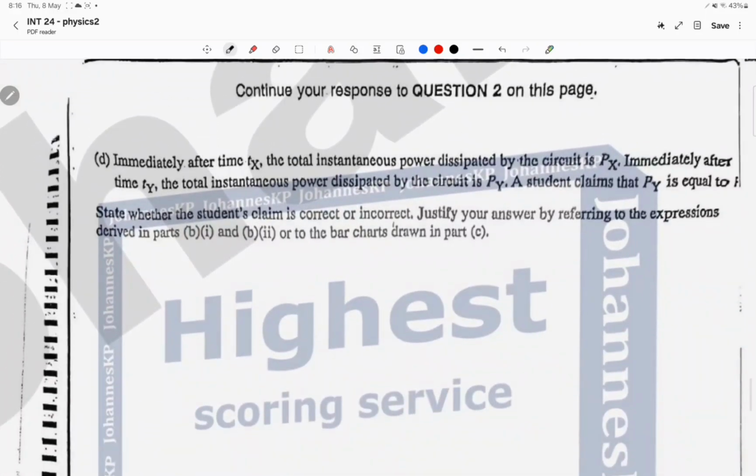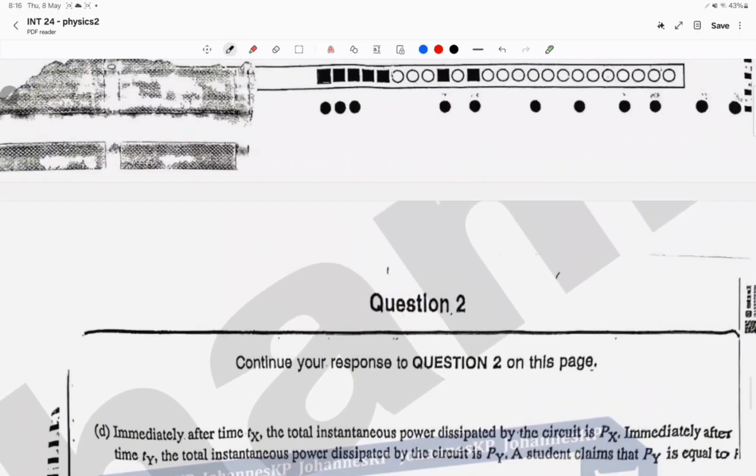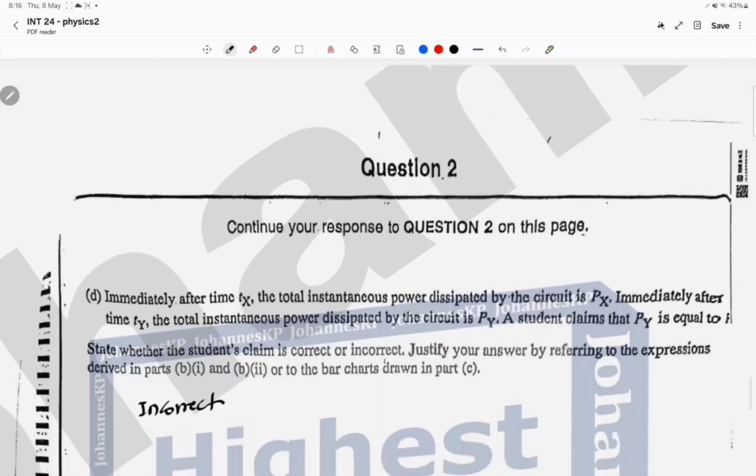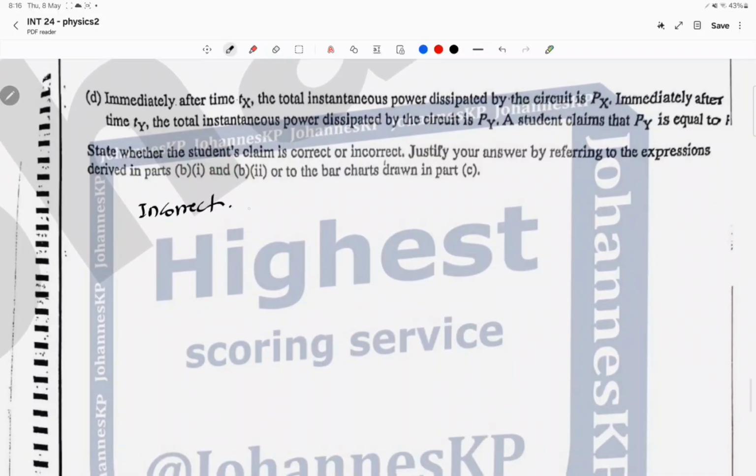Immediately after time X, the total instantaneous power dissipated by the circuit is Px. And after time Y, it is Py. A student says that Py is equal to Px. Is that true or not? It's actually incorrect. You know why? Because if you look back here, we have 2 bar units for the entire Px. Here we have 4 bar units for the entire Py, right? So basically incorrect.